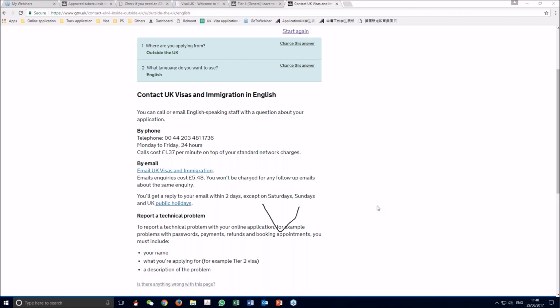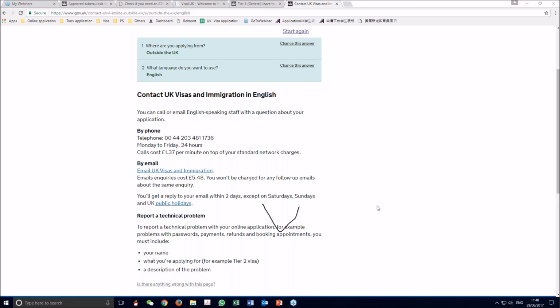As I told you, the most expensive one is almost £700 extra on top of all the application fees, IHS fees, and you can have the application processed and a decision made within next day. So if you submit today, you can have a decision available next day. That's £700 on top of everything else.